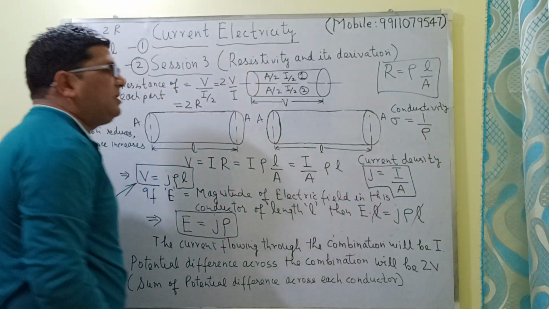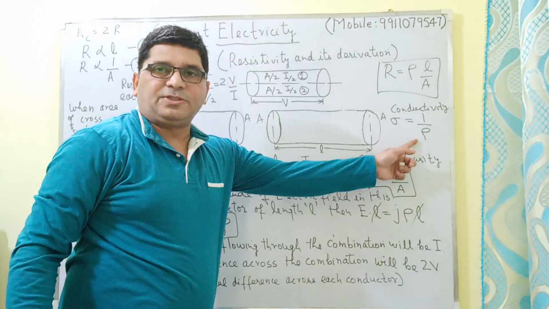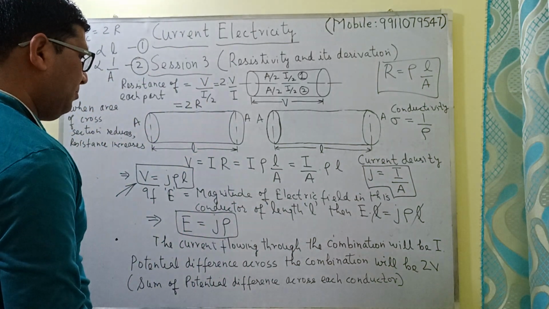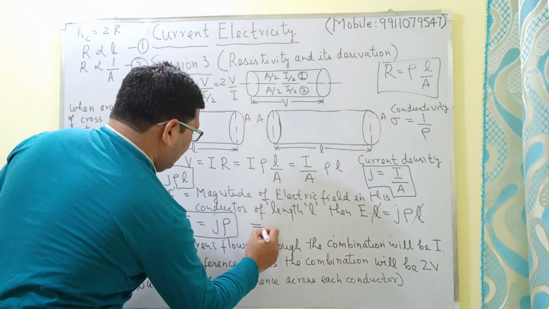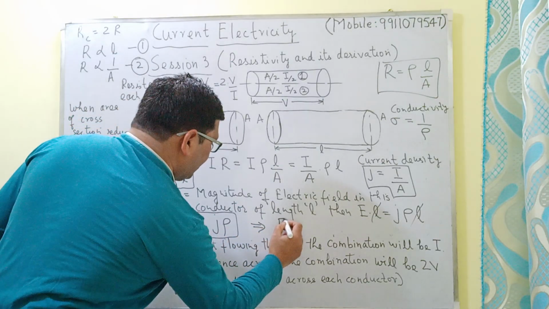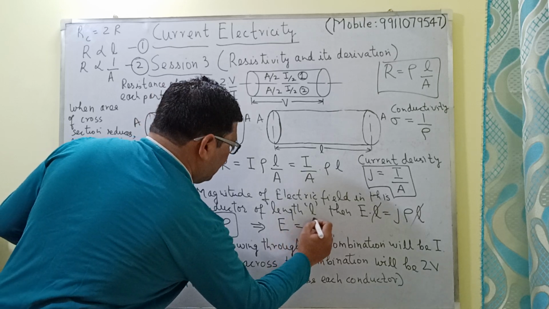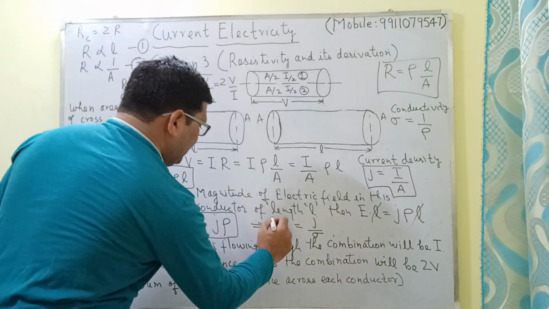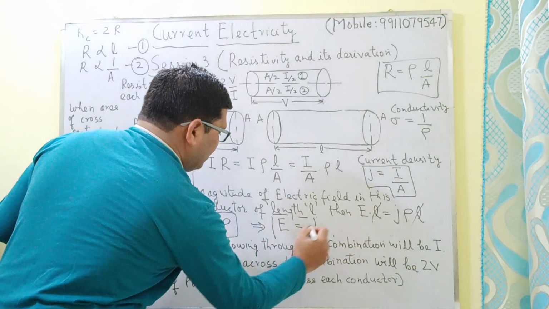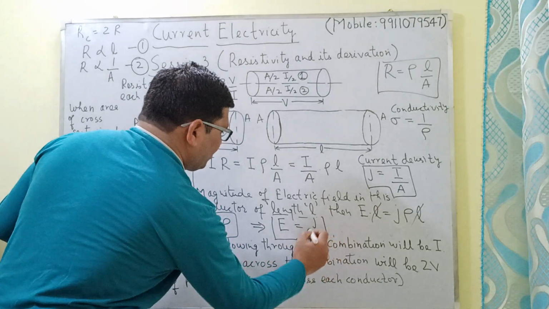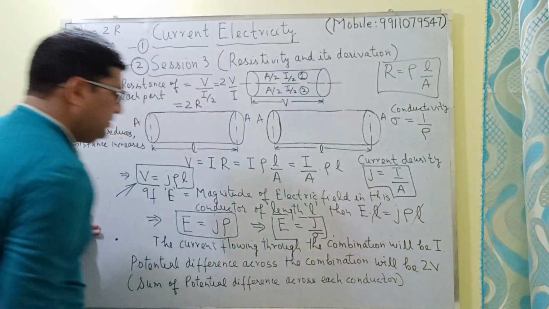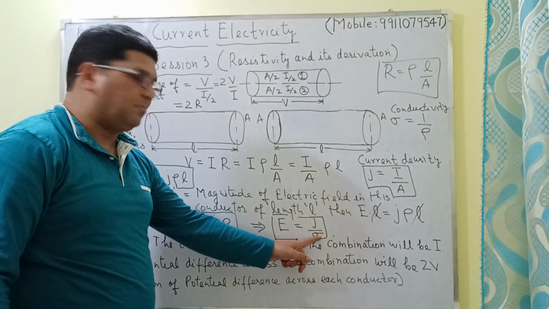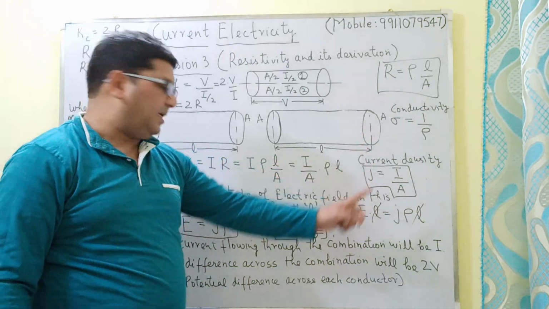That is, conductivity is the reciprocal of resistivity. So we can write this equation, that is E is equal to J divided by sigma. So this is another equation which needs to be remembered by you. That is, E is equal to J upon sigma, where sigma is the conductivity of a conductor.